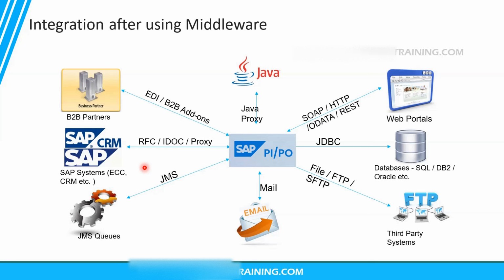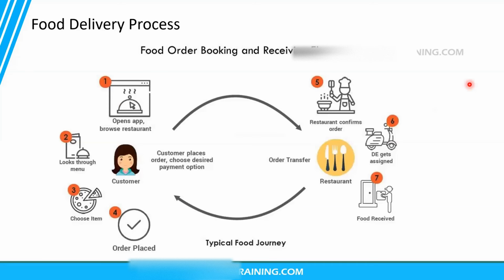Okay, so let me explain that with an example: food order booking and receiving flow. Let's compare our API or web service with food order booking. Open the app, browse restaurants. In Zomato or Swiggy, we open the app, browse the restaurants, look through the menu, right?